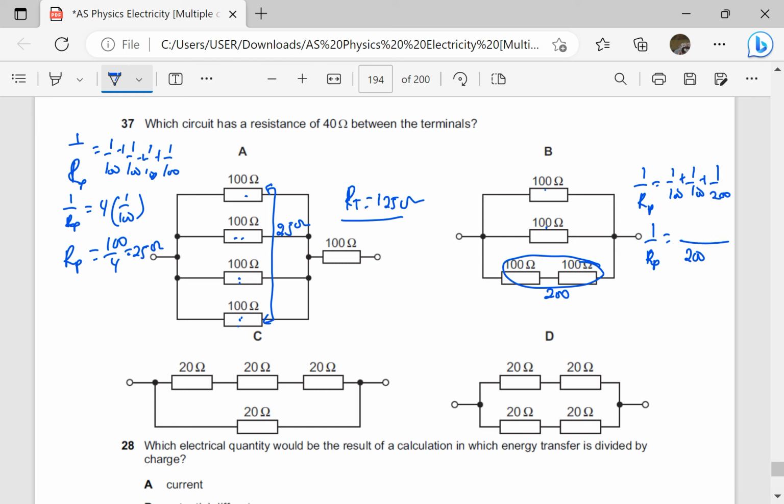So 200 by 100 is 2, plus 2, plus 200 by 200 is 1, so that is plus 1. So then I get the reciprocal. Resistance in parallel will be 200 divided by 5, which is 40 ohms. So the answer is automatically B.